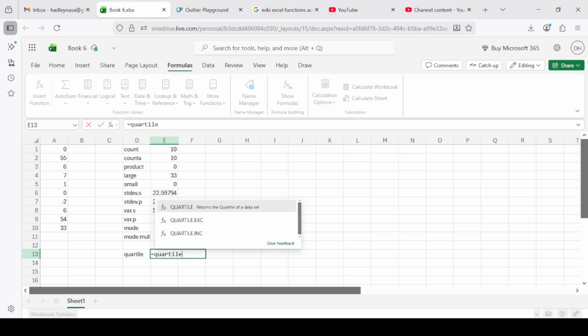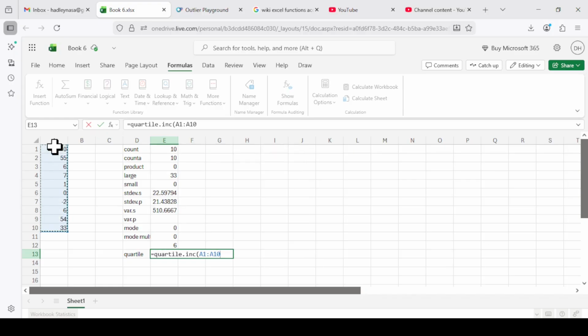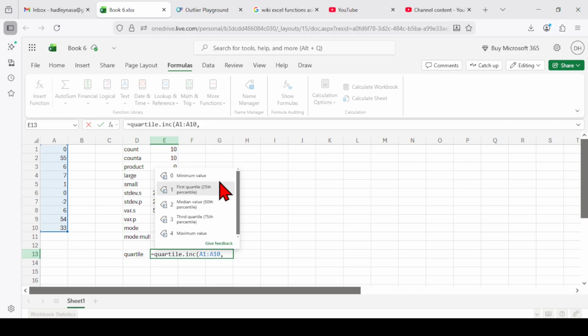By default, it is inclusive, but let's just do inc to start with. We have our array, comma, and we have to tell it which quartile because it doesn't know. There's no function for the first quartile. I just do quartile and then I say 1 here to indicate that it is the first quartile.